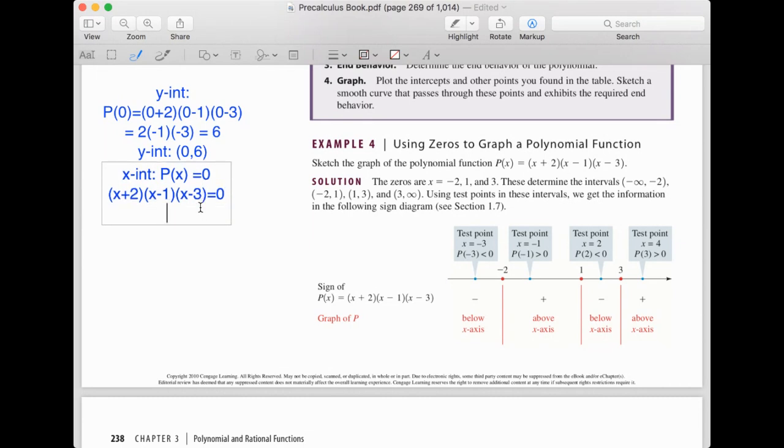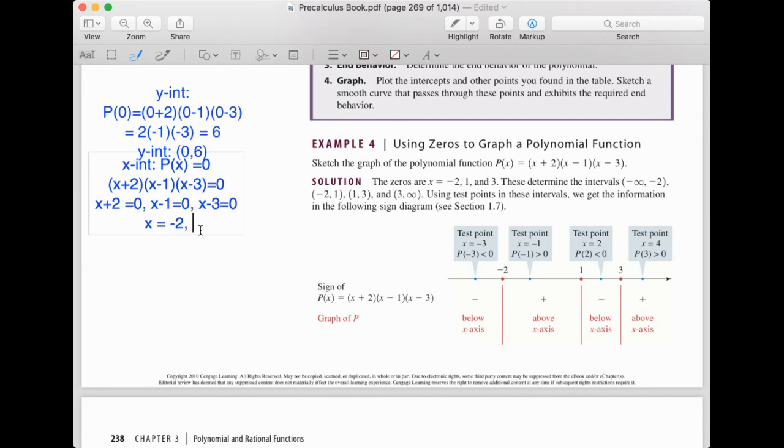Then we use the zero property. If factors multiplying each other equal 0, at least one of them has to be 0. So x plus 2 is 0, x minus 1 can be 0, x minus 3 can be 0. All those are solutions. Solving them, we get x equals negative 2, 1, and 3.